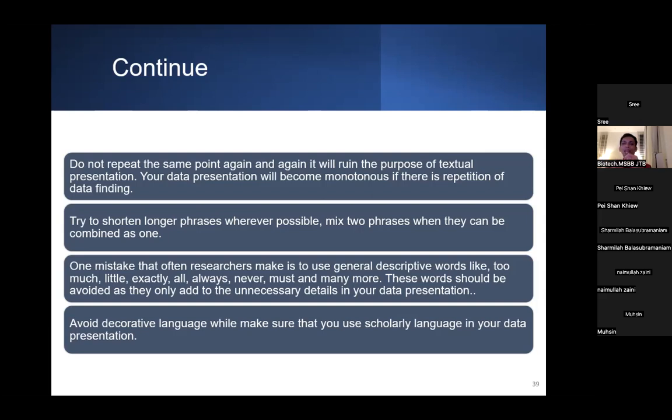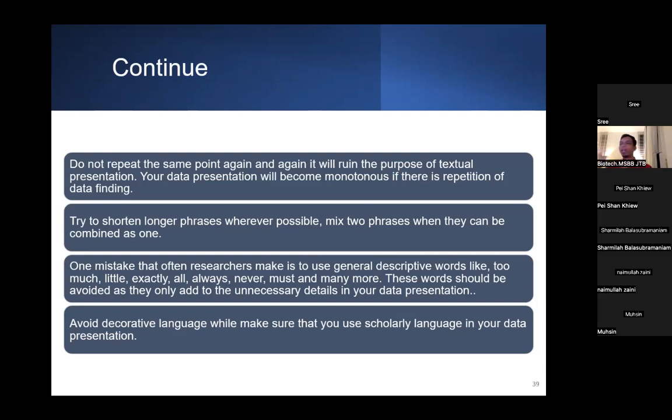I feel so tired reading flowery or decorative language. In Malay we call it berbunga-bunga. There are so many connectors like furthermore, in order, so many things. That's not straightforward. In research, you try to use straightforward and scholarly language. Make it a more scientific explanation.